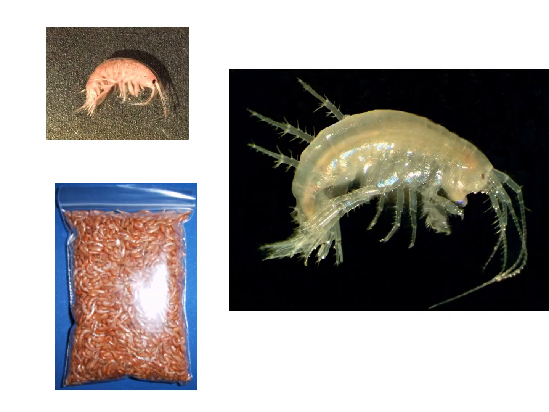Here are two crustaceans. They're both what we would call amphipods. One of them is a generalist and is so abundant that you can buy them freeze-dried by the pound to feed your fancy tropical aquarium fish.